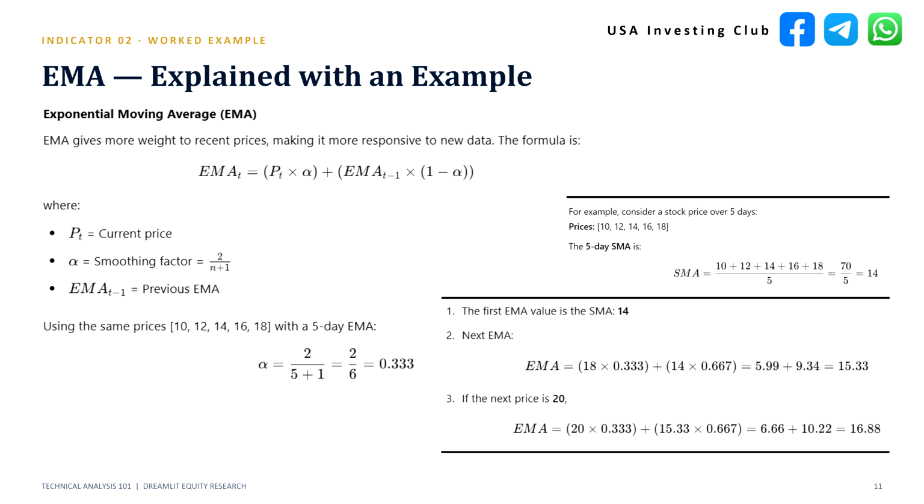It dips a little harder on down days and pushes a little higher on up days because recent price action is doing more of the work in each calculation. This is the weighting difference from the formula slide made visible on a chart. Same underlying data, same 10-period length, but a meaningfully different personality. That personality difference, smoother but slower versus choppier but faster, is exactly what you'll be choosing between every time you pick a moving average for a strategy.